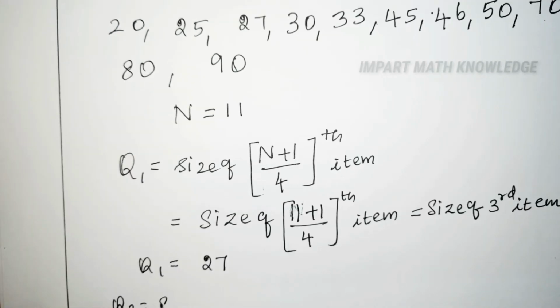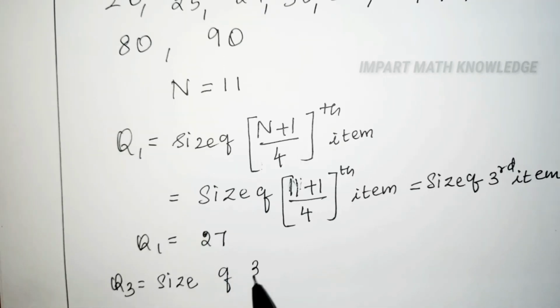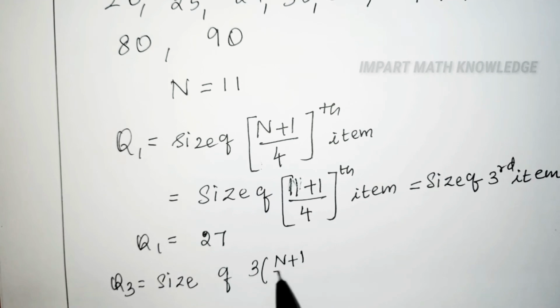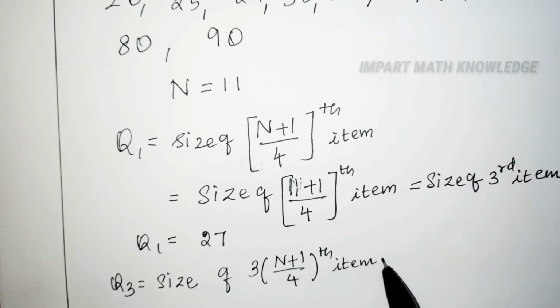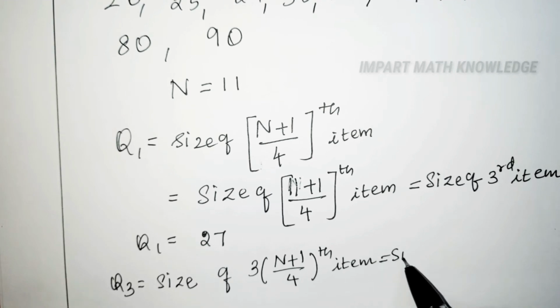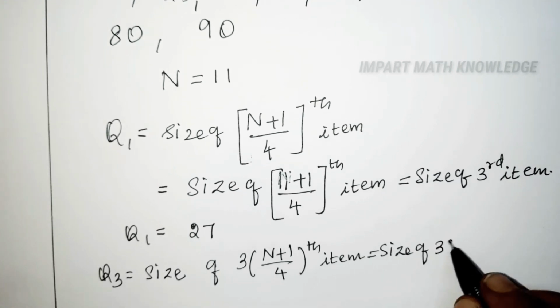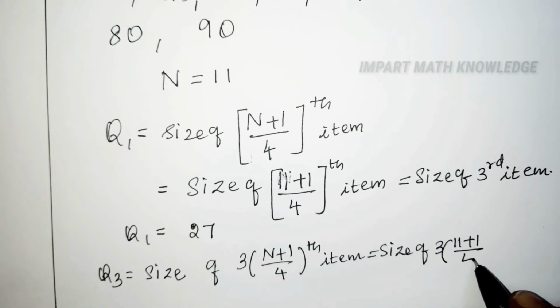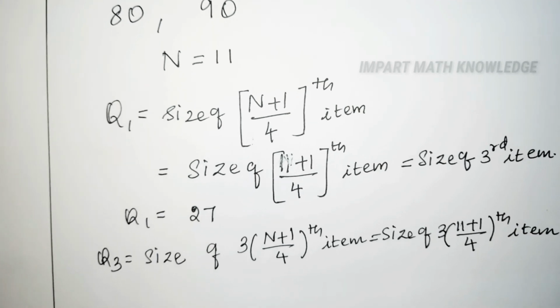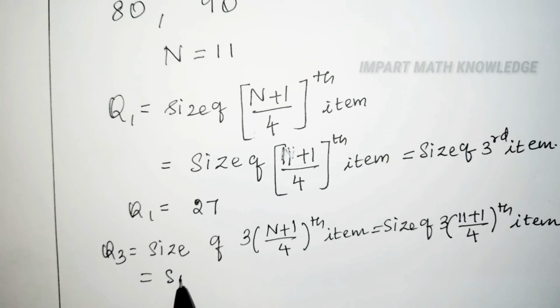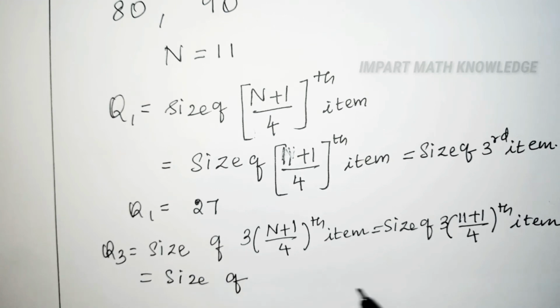Q3 is equal to the size of 3 into (n plus 1) by 4th item. That is the size of 3 into (11 plus 1) by 4th item. This is equal to the size of the ninth item.